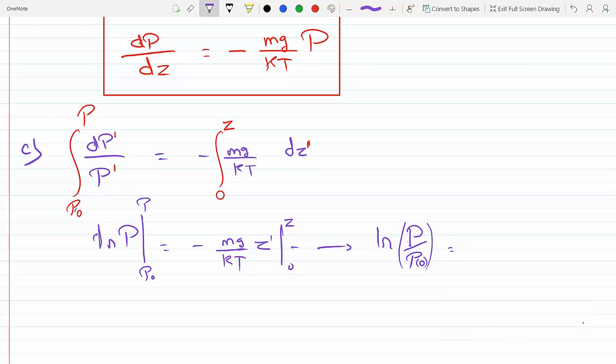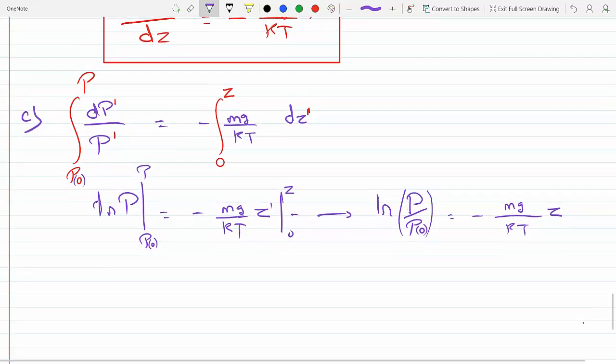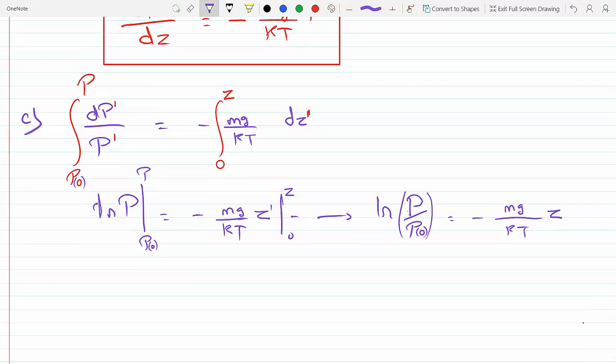This is at sea level. Let's just put this in parentheses. Okay, so this is equal to minus mg over kTz, and then I can use the exponential to get the pressure.